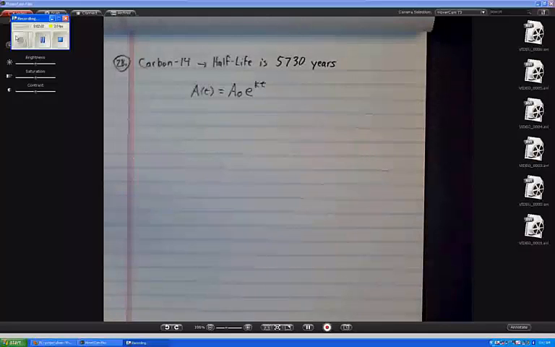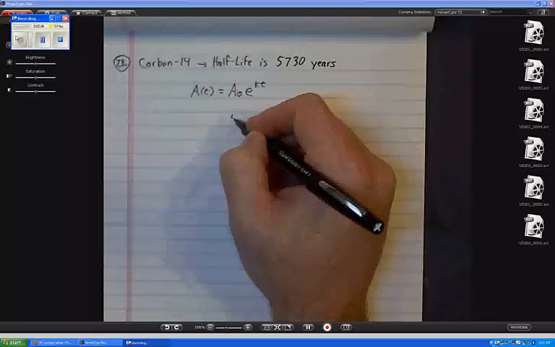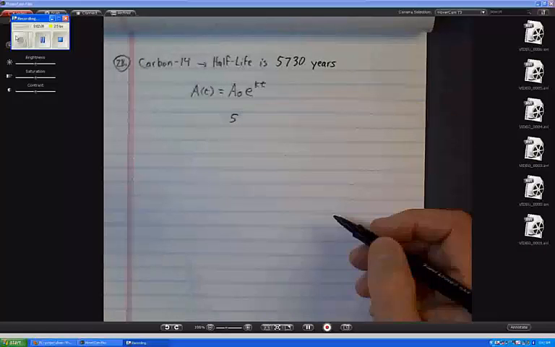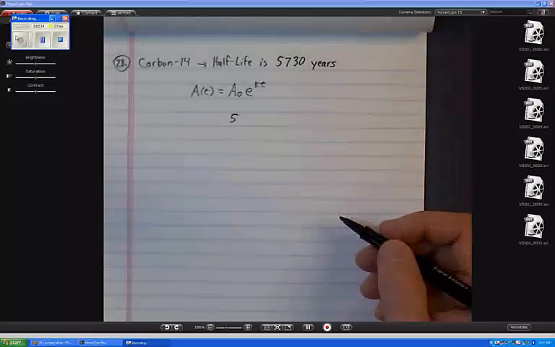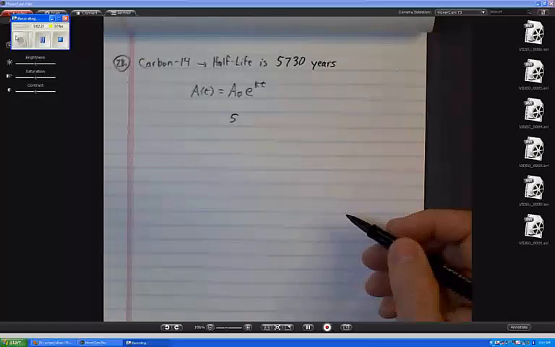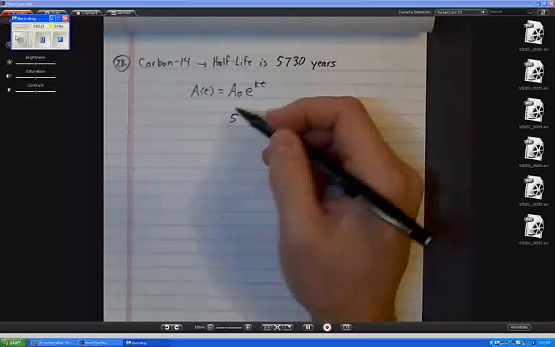So we're going to start with 5. 5 what? I don't know. 5 kilograms of carbon-14? Probably not. 5 moles of carbon-14? How many have you taken chemistry? Moles? I remember that 6.02 times 10 to the 23rd. I don't know why I remember that number. But anyways, you put 5 here, all right?